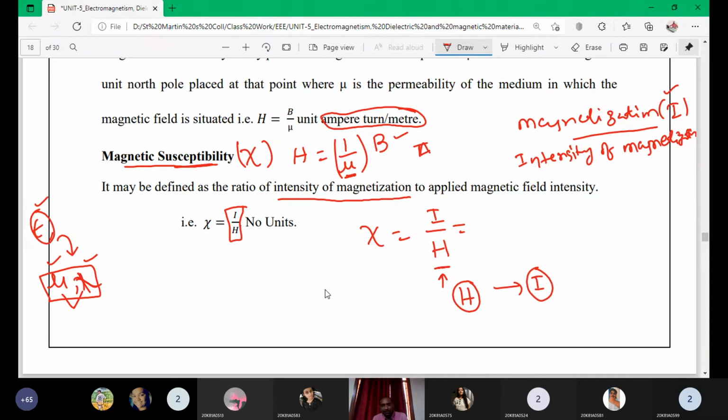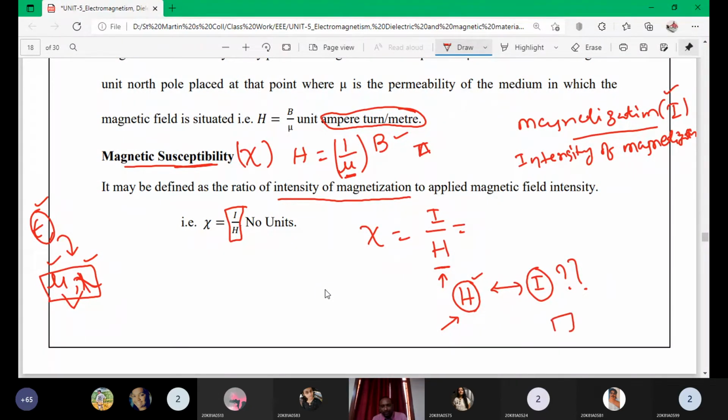That is the difference between these two terms. Here also we are talking about intensity of magnetism. H means applied field. If you apply some field here, how much intensity of magnetization is developing on the material?